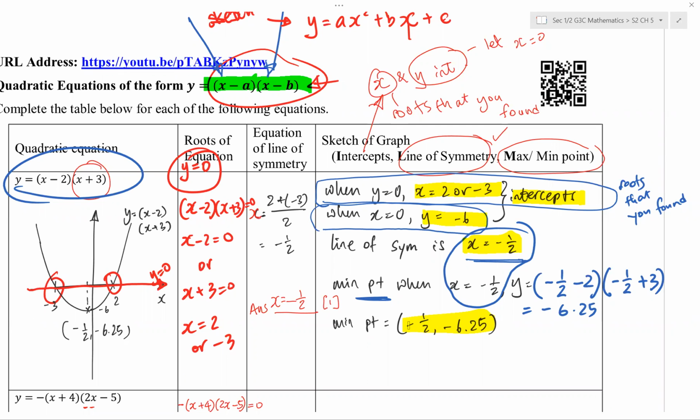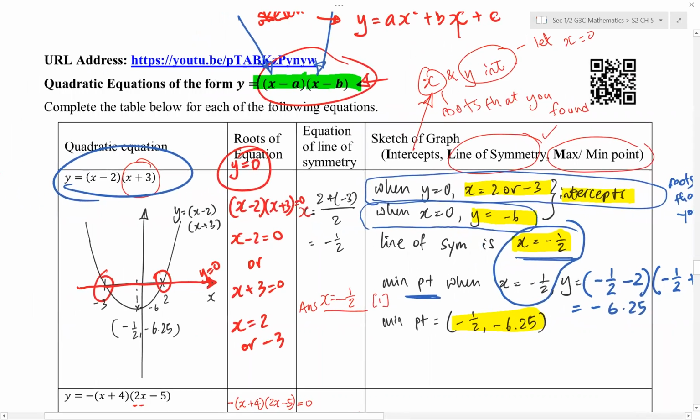Okay, so I also mentioned, how do you know it is a minimum point? You can do a partial expansion. Remember, when we want to decide whether it's a parabola opening up, smiley face, or a parabola opening down, sad face, we have to look at the coefficient of x squared.